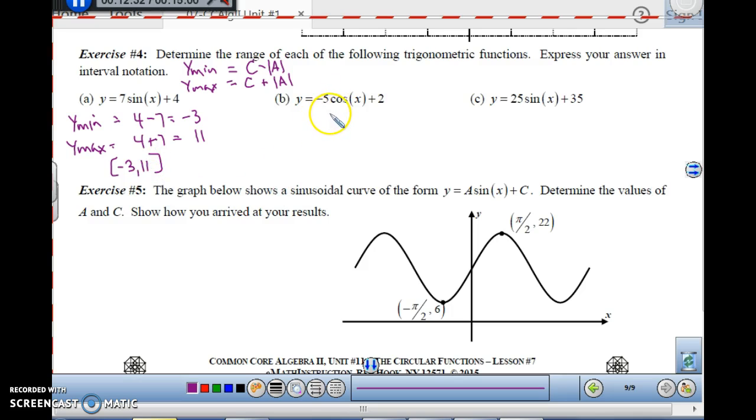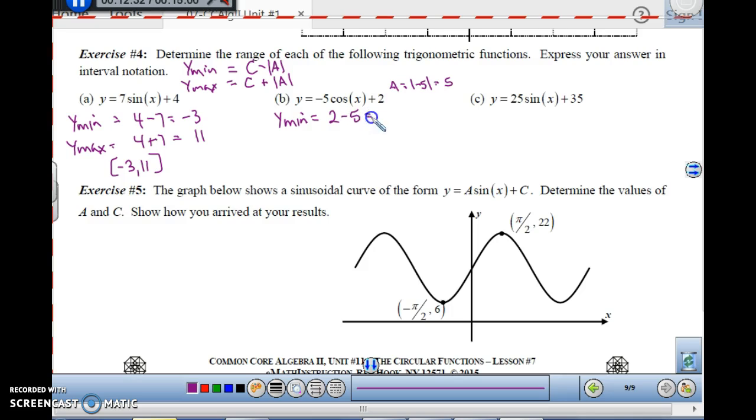All right, negative 5 cosine x plus 2. All right, y min is going to start at the midline at 2, and your amplitude on this is going to be 5 because it's 5 units, and the negative, remember, is flipping it over the x-axis.